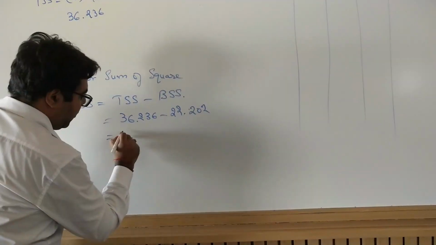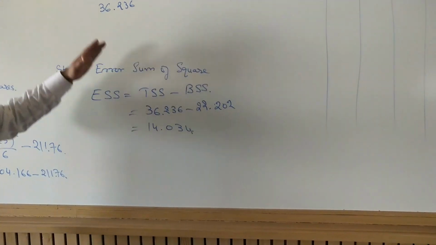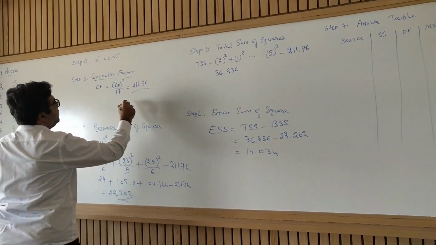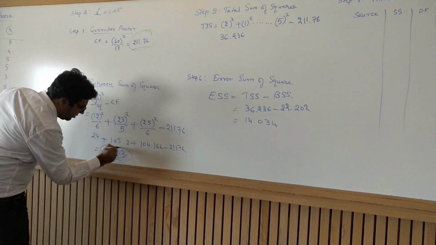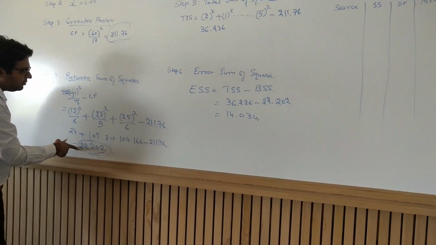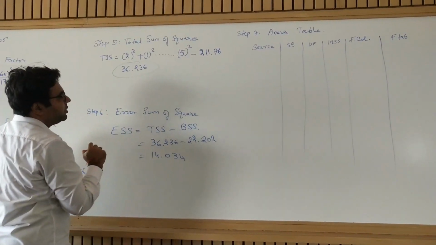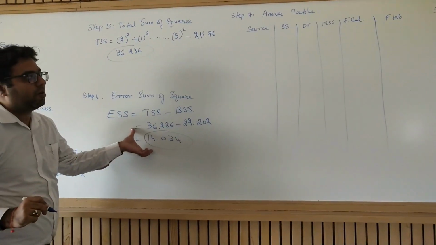We will get 14.034. So now we have all the values. Let me highlight them. First we got the value of the correction factor. The second important value is the between sum of square. The third is the total sum of square, and last we got the error sum of square.